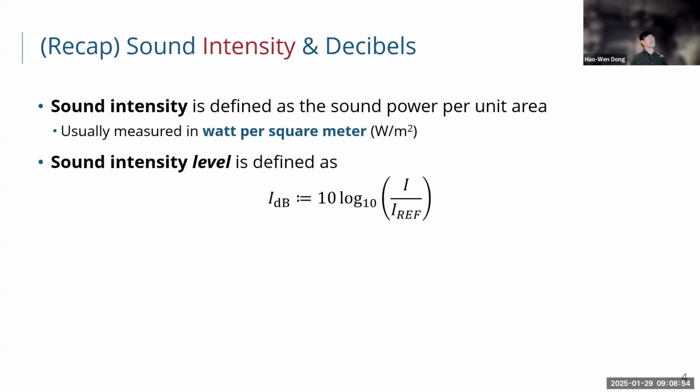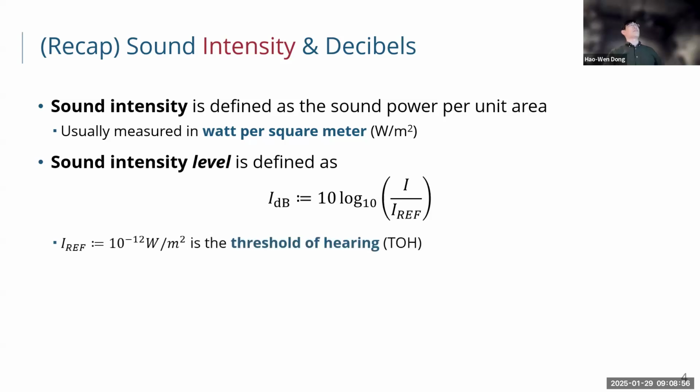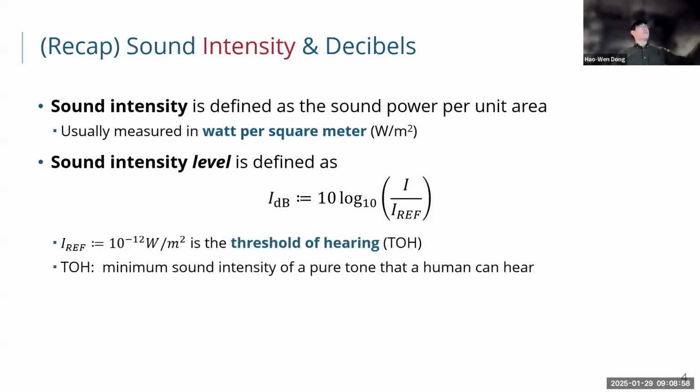We can define sound intensity level, and we talked about decibels, where 0 dB is defined as the threshold of hearing. Typically you won't experience that. It's very, very quiet. Even in a soundproof room you can still hear your heartbeat, so that's not the threshold of hearing. It's much quieter than that.